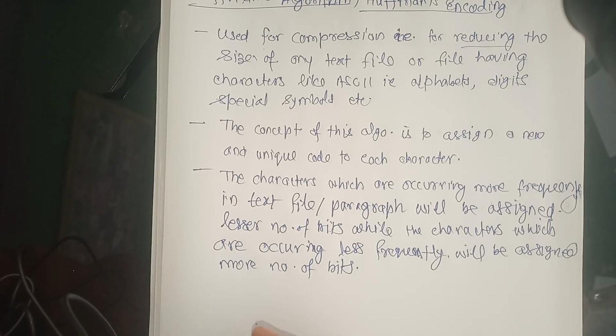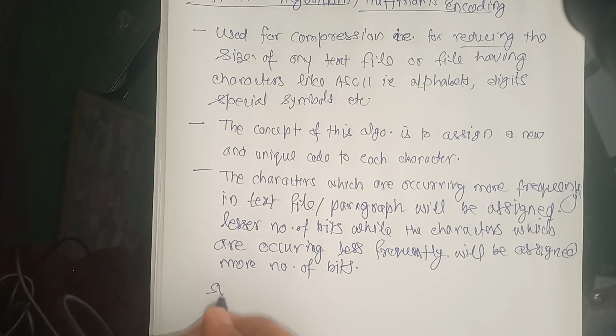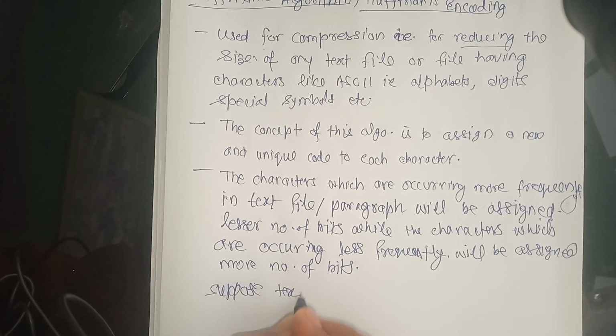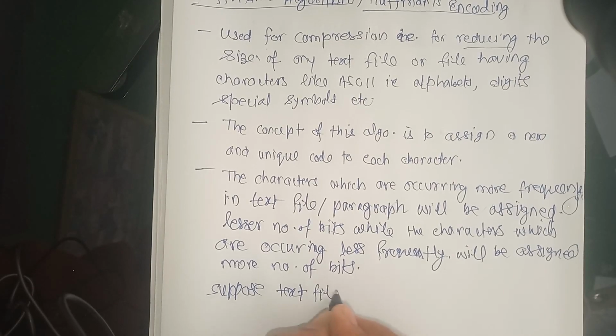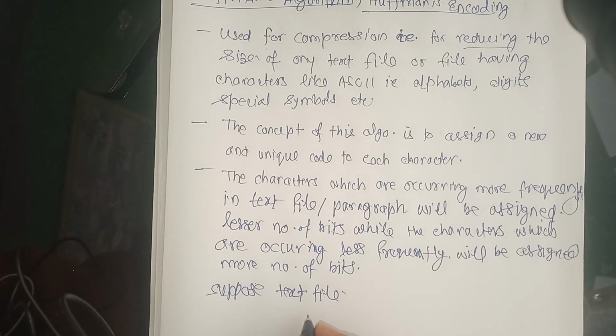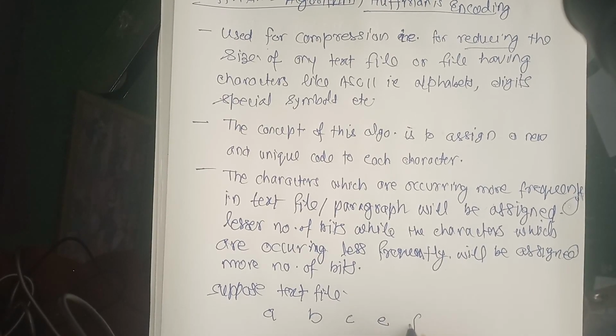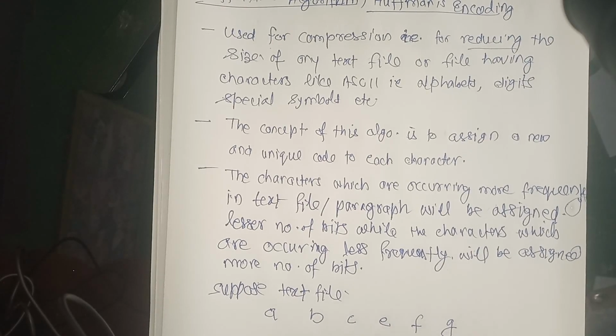So consider there is a text file, or any paragraph, where the file contains text having characters like, we can assume, A, B, C, E, F, G. First of all, we will count the number of each character in the file.